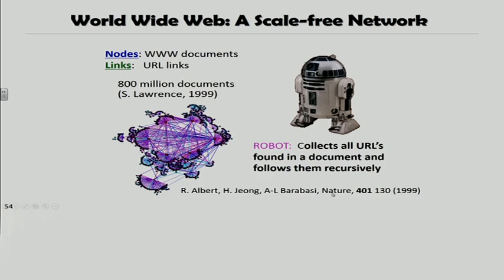In the 1999 Nature paper, they used a soft robot, got a URL, checked the internet, and found that you get that many documents on the internet, but their behavior is very much clustered. It's very much like a power law distribution.